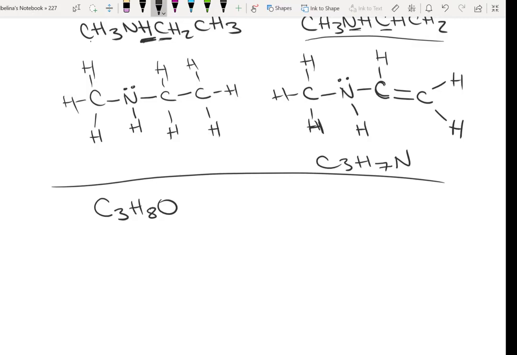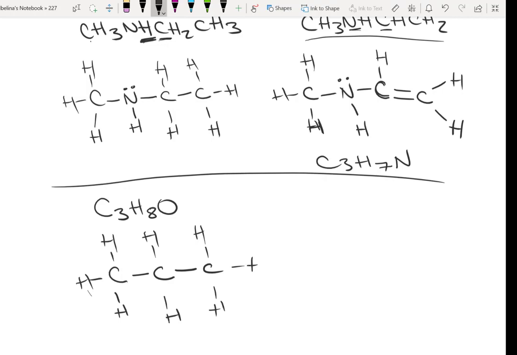So again, let me give you the formula instead of the condensed structure. I'm going to start just by putting 3 carbons in a line, satisfy the octet as much as I can. So notice here there are 8 hydrogens. So if I did this, 3, 4, 5, 6, 7, 8. Okay, that's correct. Oh wait, you didn't include the oxygen. So take 1 hydrogen away.